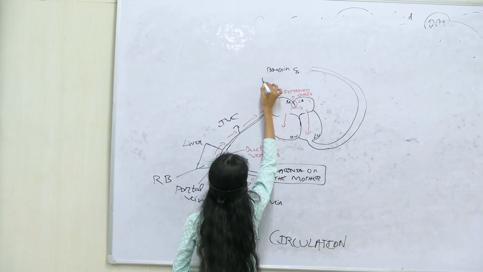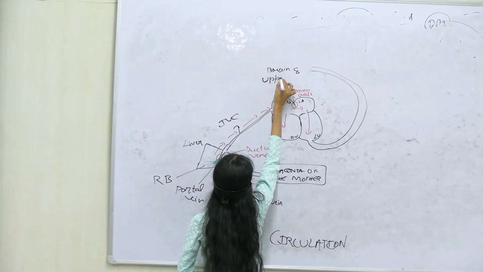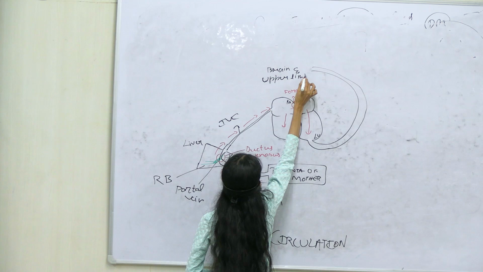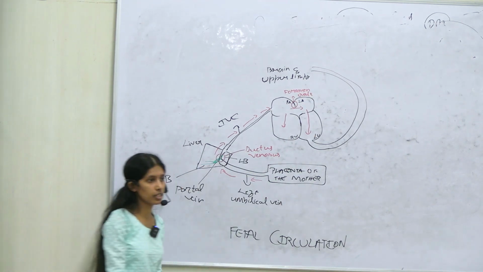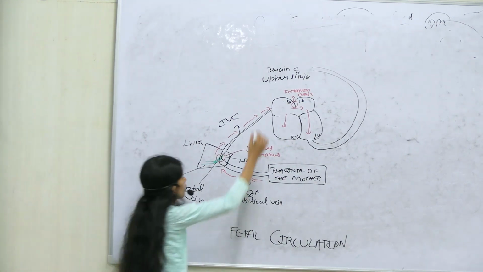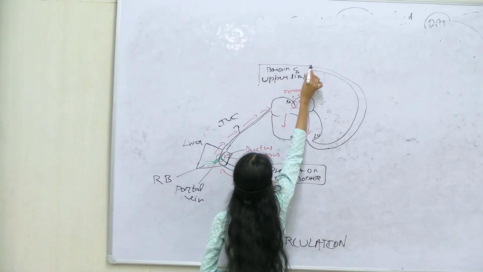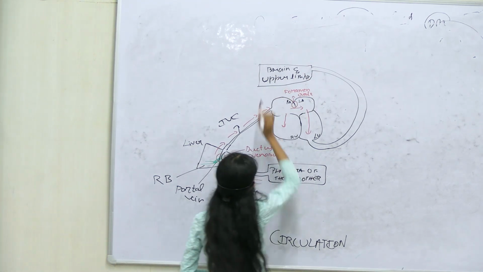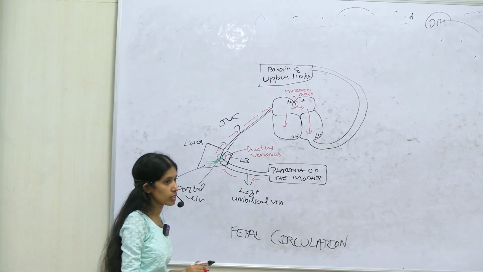Brain and limbs, upper limbs. Is it clear for everyone? Any doubts? Any doubts in this?